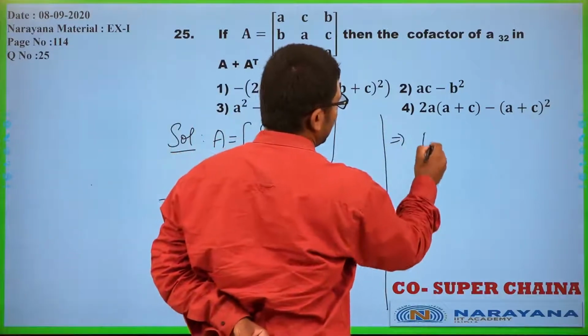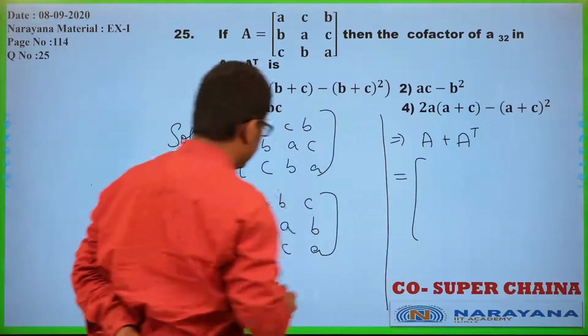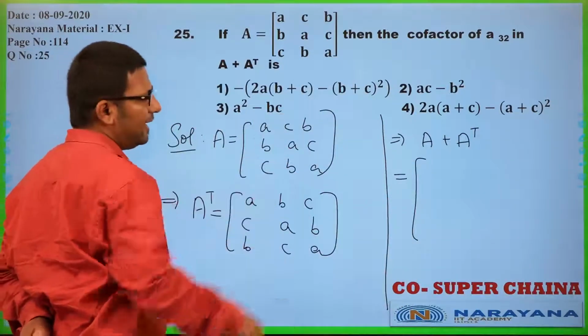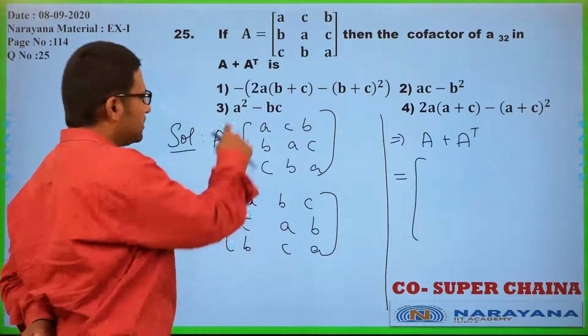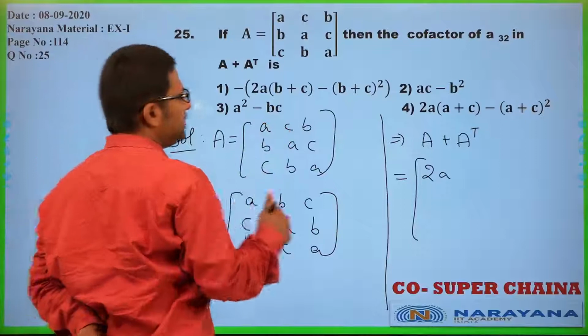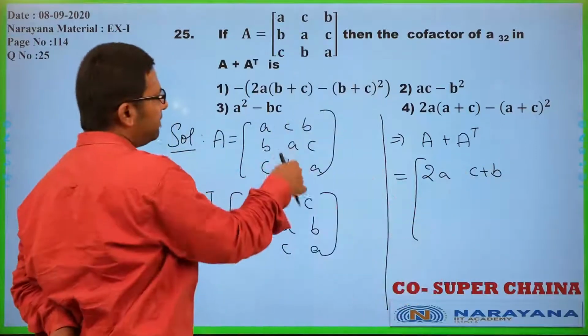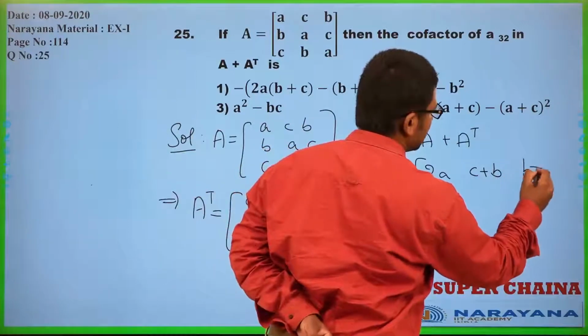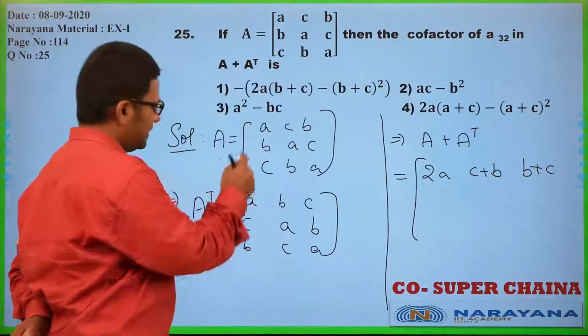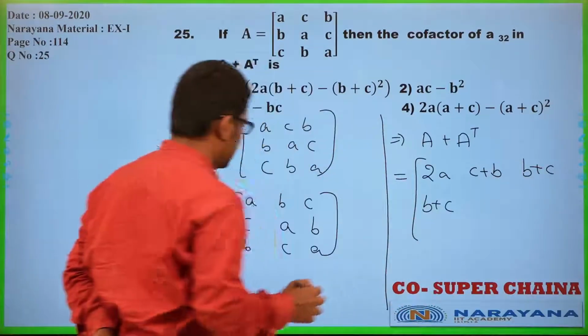Therefore, A plus A transpose would be what? Add everything element by element corresponding. Okay. So A plus A, 2A. Then C plus B. Then B plus C. Right? B plus C. Alright?